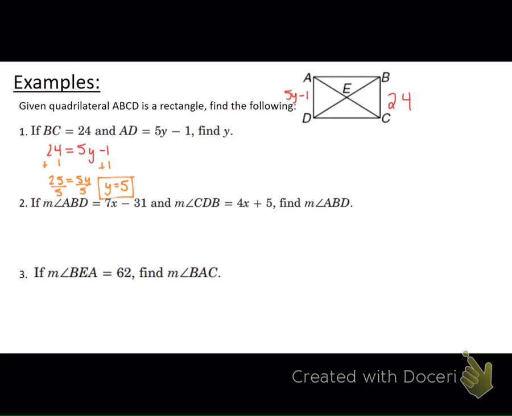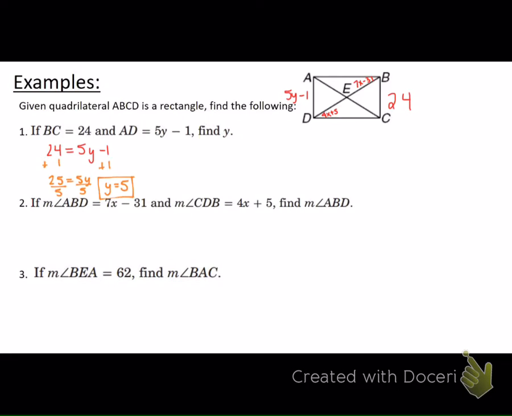All right, so it says if the measure of ABD is 7x minus 31, and CDB is 4x plus 5, find ABD. What do you guys know about those two angles? What kind of angles are those two? They're alternate interior angles.